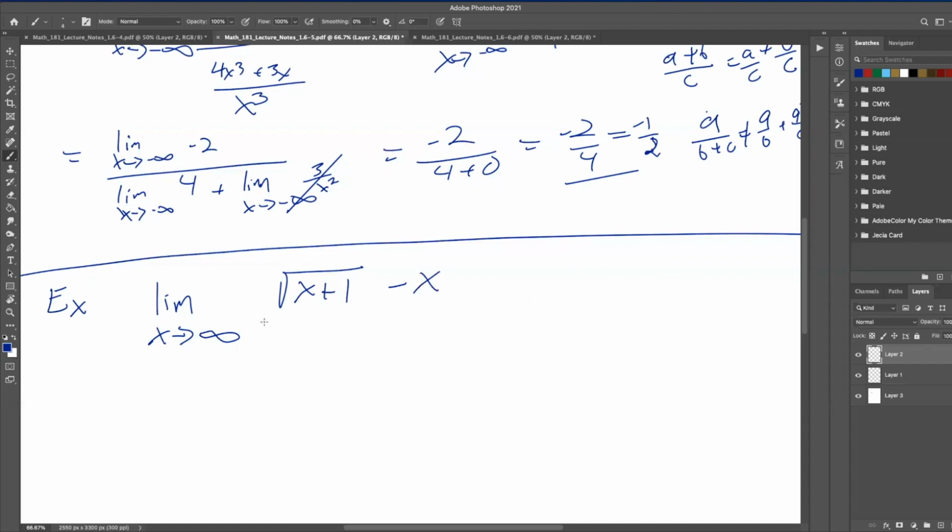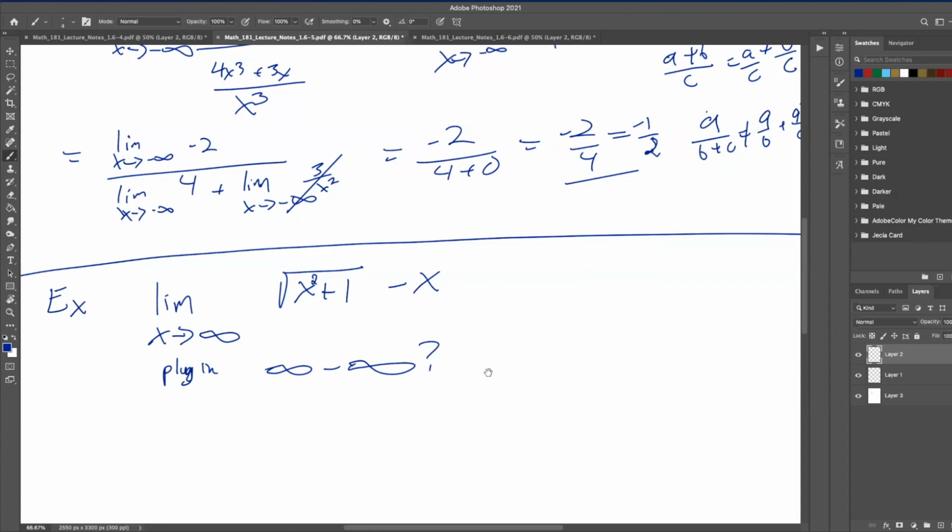If we just plug it in directly, I'm going to get infinity minus infinity. That does us absolutely no good. Oops, I'm sorry, there should be a square right here. So this gives us infinity minus infinity. Plugging it in doesn't work.